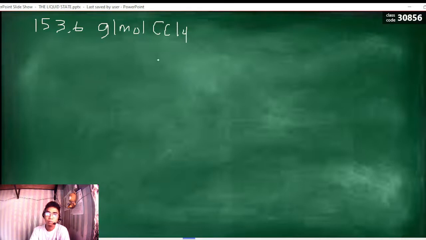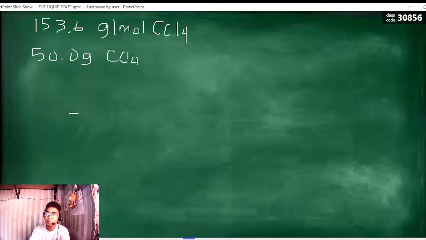Please bear with my handwriting. Alright, let's continue. We have 50 grams of carbon tetrachloride. Now, to get rid of the unit of grams in the sample, we need to use the cancellation of units.